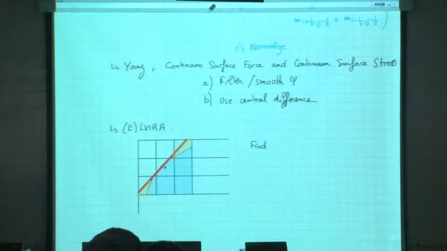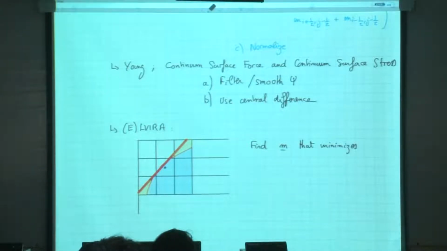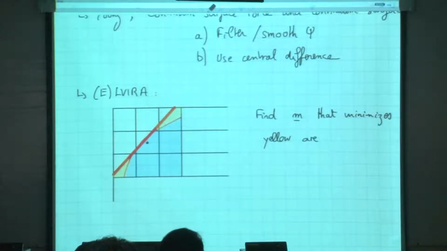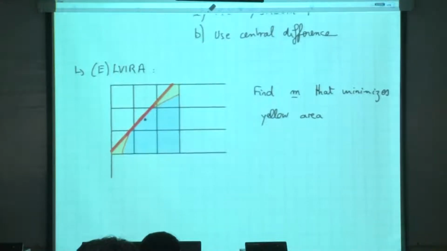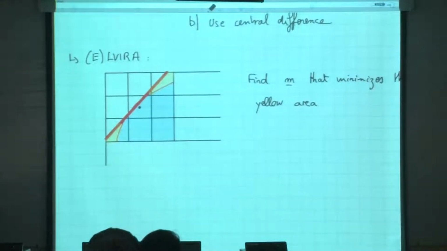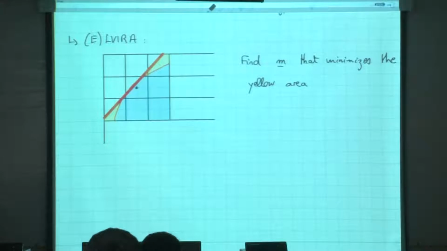Find M that minimizes the yellow area. I don't know if it's visible here. I think it is. What does it mean? This yellow area is the difference between the volume under my thick red line and my known volume fraction in those cells.